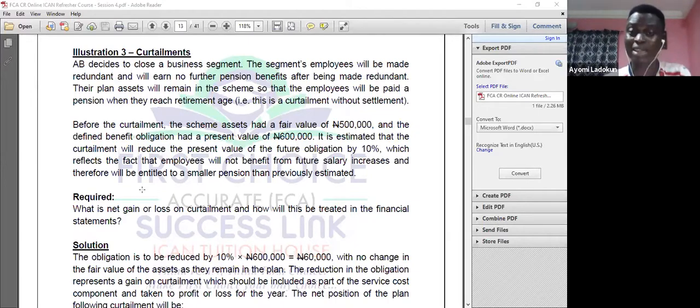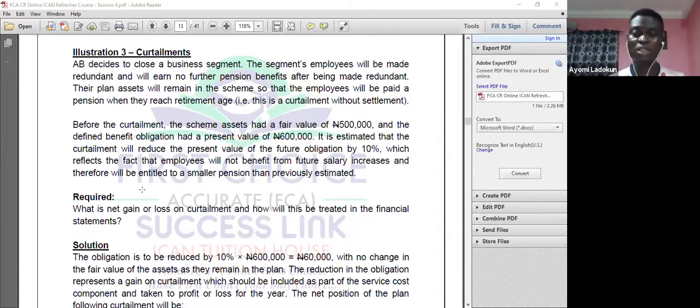So the entity can decide to have a plan asset where they contribute money or pay some amount of money to a separate entity. Okay, so that asset will grow, and of course, it's going to be invested, and more money can be quite sufficient, probably to pay termination benefit or post-employment benefit.